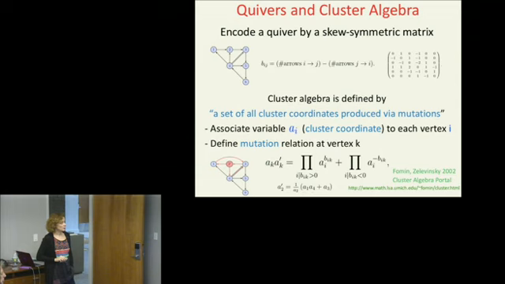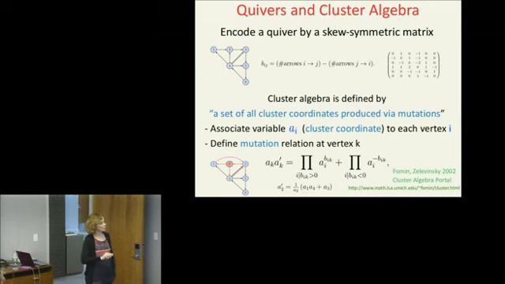What is a mutation? Given this quiver, you can define a new cluster variable, A_k prime, by this formula. I should also say that to each node of the quiver you associate a variable.